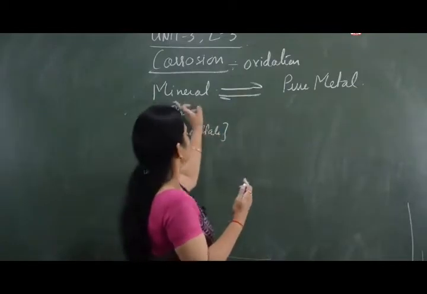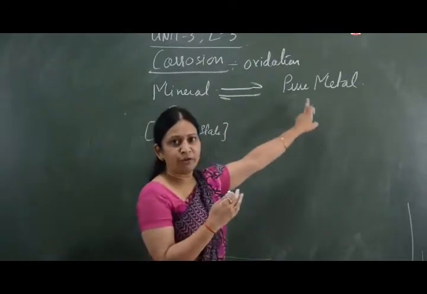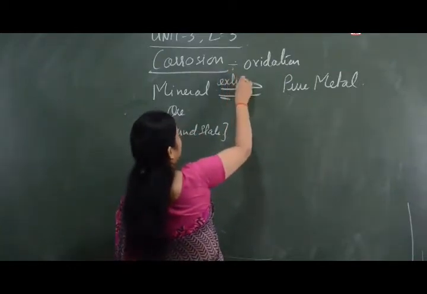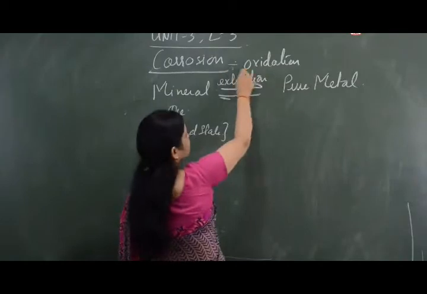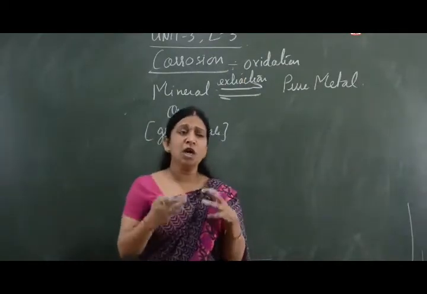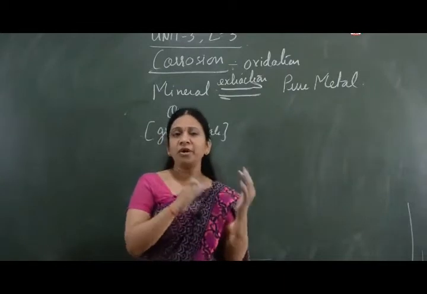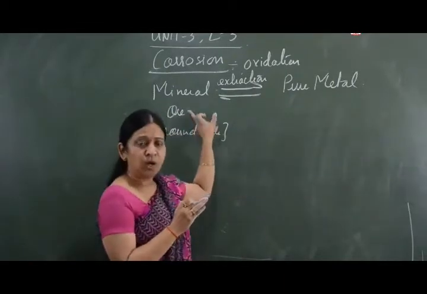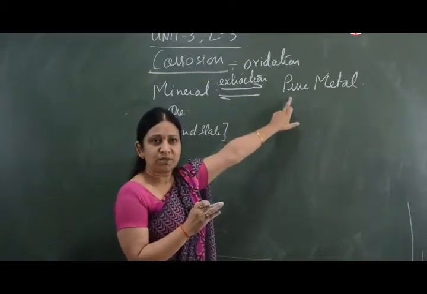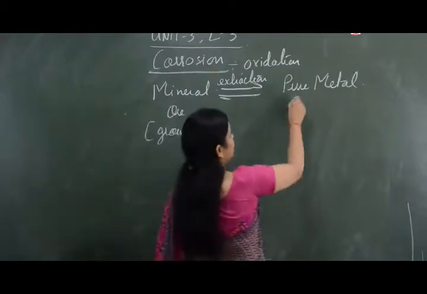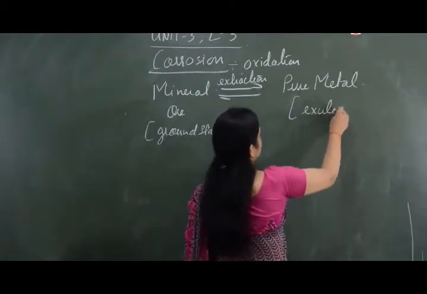This process of extraction of pure metal from the mineral ore is metallurgy, or the extraction process. Because a lot of heat or stress treatment is given to the mineral ore, the pure metal which is extracted is not present in the ground state, but in an excited state.